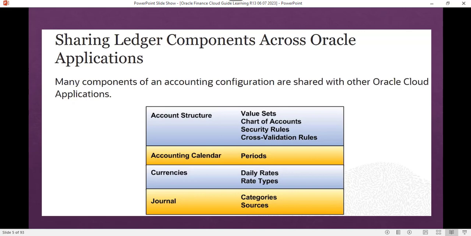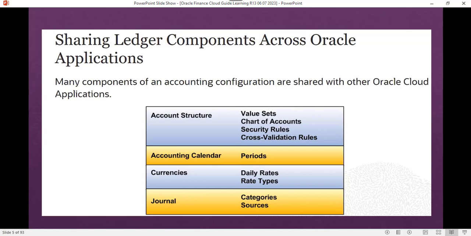So security rules are to do with a particular value set, whereas cross-validation is the whole combination. So for example, if you have a cost center called the balance sheet and you only want that to be used with balance sheet accounts, then you can set up a cross-validation rule to make sure that no one uses it with profit and loss accounts.